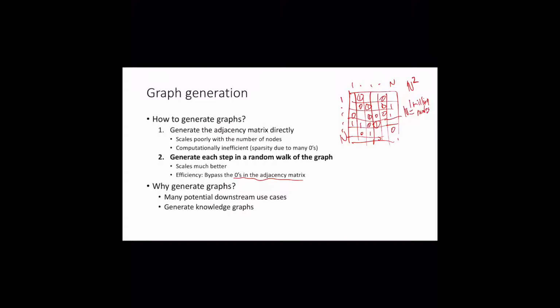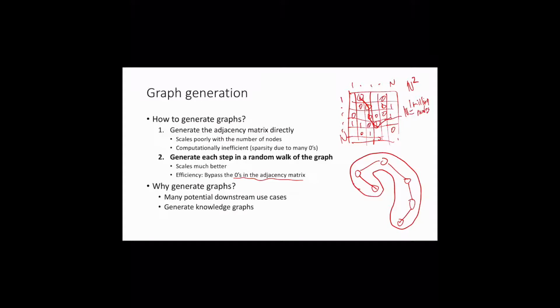So the way that you would do this is you would sample from an actual graph some random path that you can take, and you would only focus on generating paths that look like this. So on the adjacency matrix, this may be something like this.